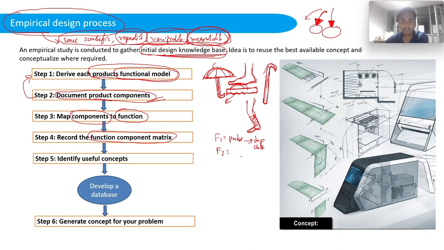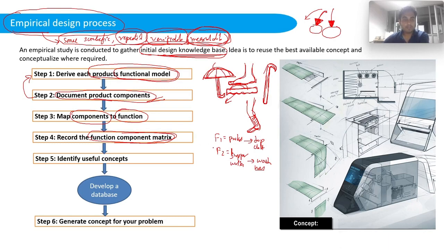That is like a support, so it supports walking, and that is because of this wooden handle. Similarly, you try to map all components to functions and then create some sort of matrices.